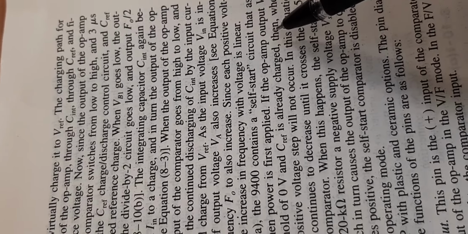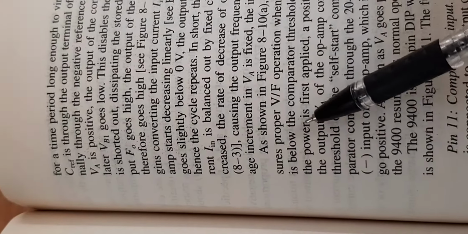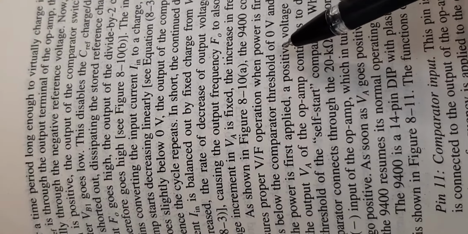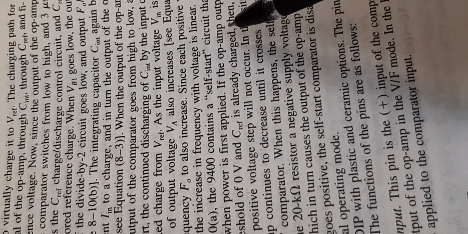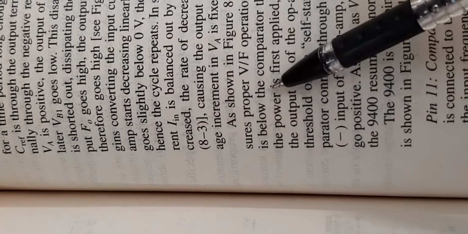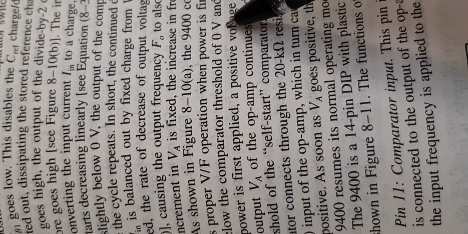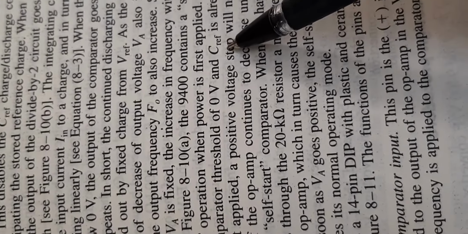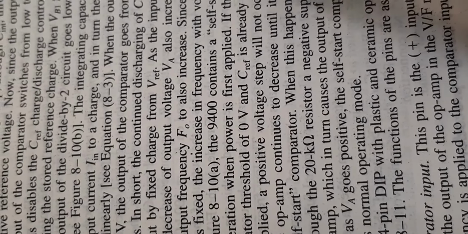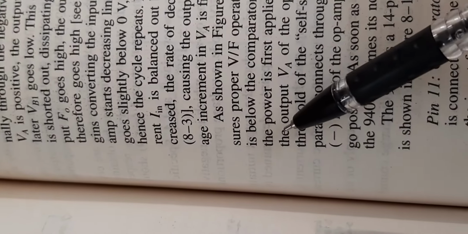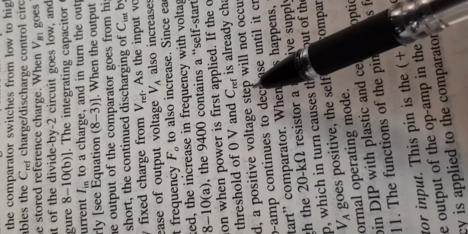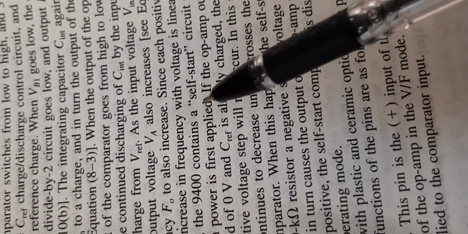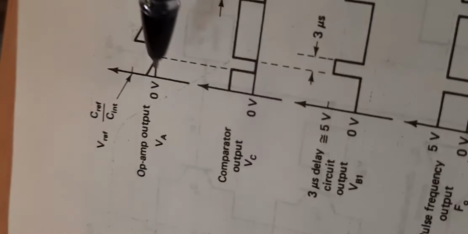If the op-amp output VA is below the comparator threshold of 0 voltage, and C reference is already charged, then when the power is first applied, a positive voltage step will not occur in this.